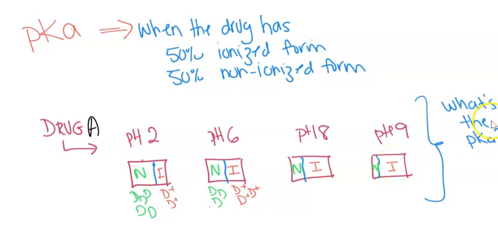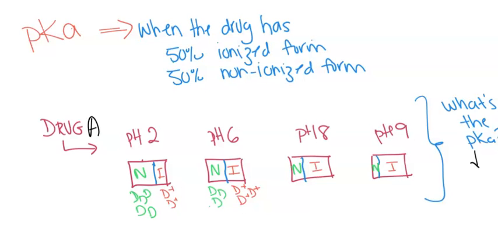So if I asked you, what's the pKa of this drug? pKa refers to when you have 50% ionized and 50% non-ionized, so I'm hoping you will say the pKa of drug A is a pH of 6.